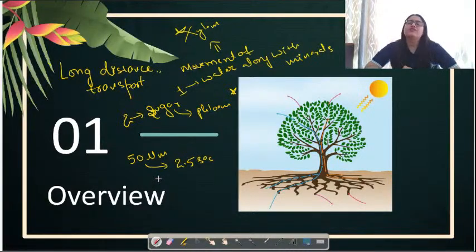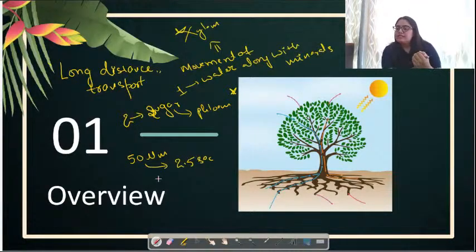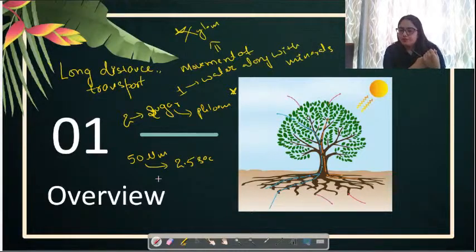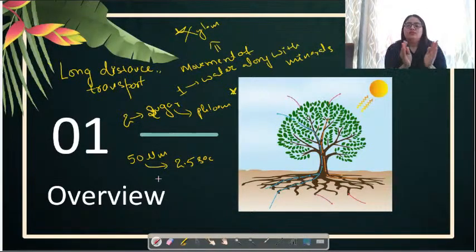Yes, you heard it right. So mass flow or bulk flow system is the long distance transport system that helps to transport substances over a long distance, that means from root to leaf or leaf to root, right? I hope this much is clear to all of you. This is all about the overview that I wanted to give.